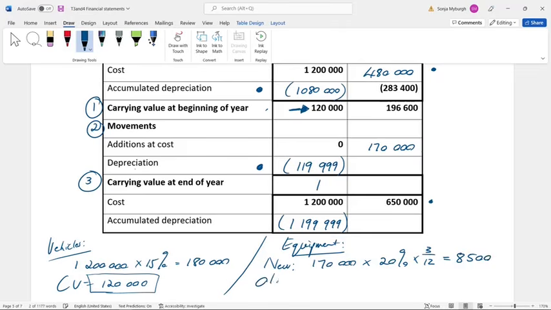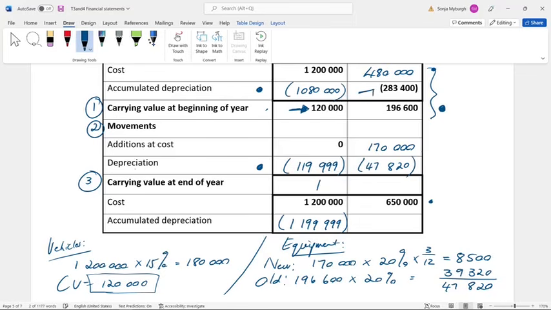The old equipment, what we had for the whole year, we must write off on the diminishing balance method, in other words, on the carrying value, the 196,600, we had it for the whole year, 20% to give us 39,320. So the total depreciation on equipment is 47,820.